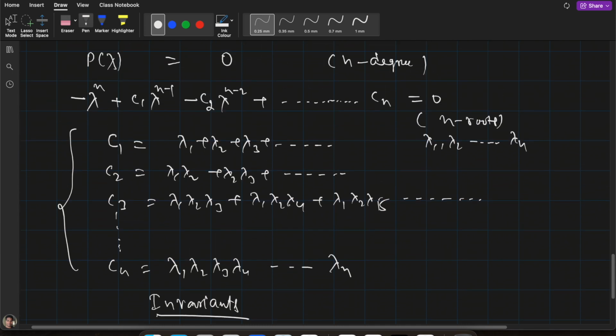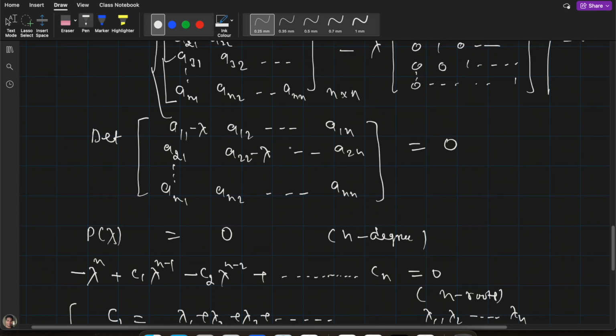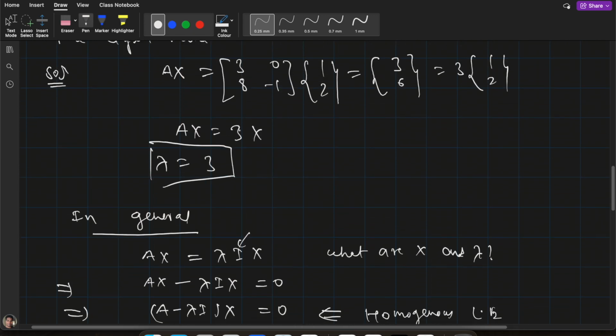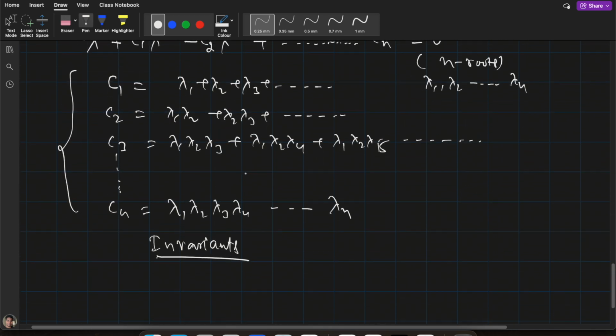Invariants means whatever you do, any kind of rotational transformation of this matrix A, the coefficients will remain the same, which means that these invariants will remain the same.